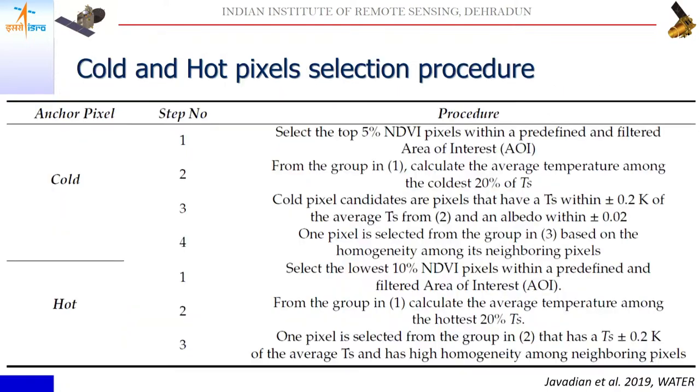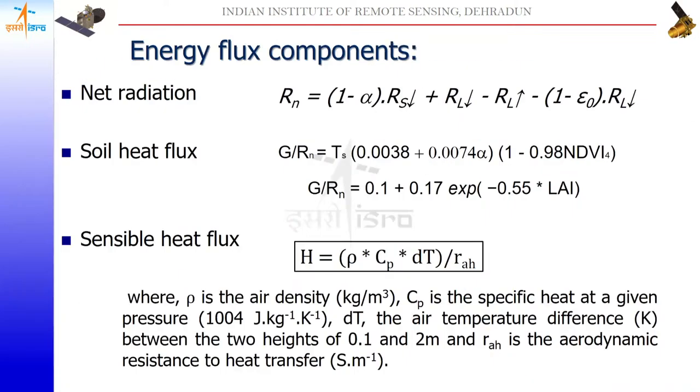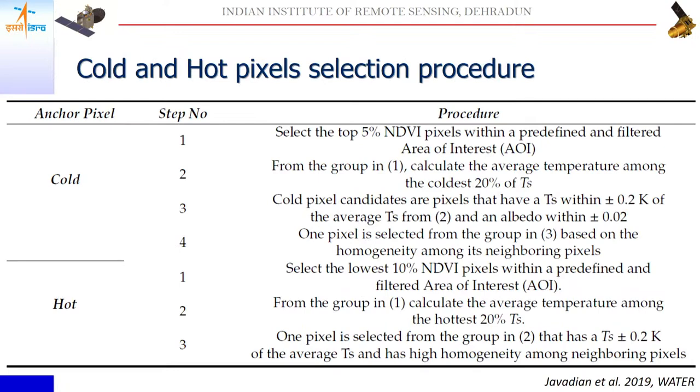So these two undefined, or you can say variable, components, how do we determine them? For that, very first we have to precisely determine the cold and hot pixel. As we define the cold and hot pixel, there is a certain hypothesis or methodology, a procedure which we have to follow.